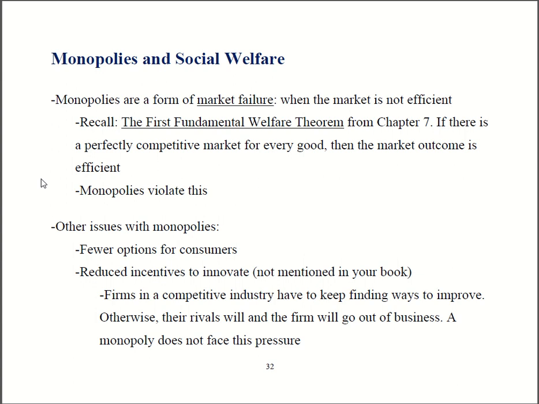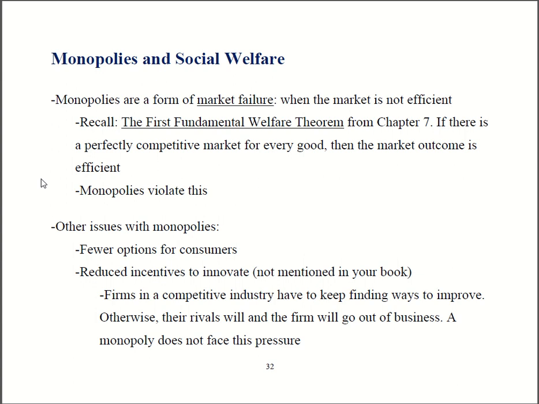There's another issue that your book doesn't mention, but I think it's important. There is a reduction in incentives to innovate if you're a monopolist. If you are in a competitive industry, you've always got to try to find a way to do things better. If you don't, the firms you're competing with are going to be working on innovations. If they're innovating and you're not, you're going to be left behind. That's going to put you out of business.